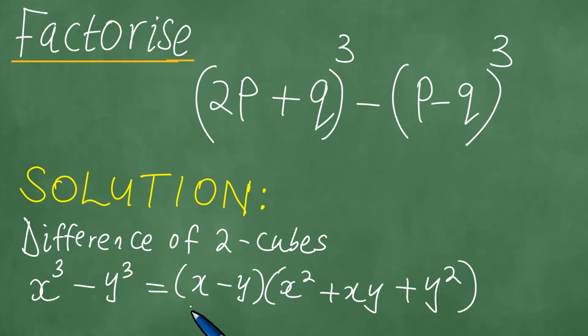As a consequence, this is the formula we use to factorize the difference of two cubes. So at this point, this becomes our x and this becomes our y. Given this, we proceed as follows.